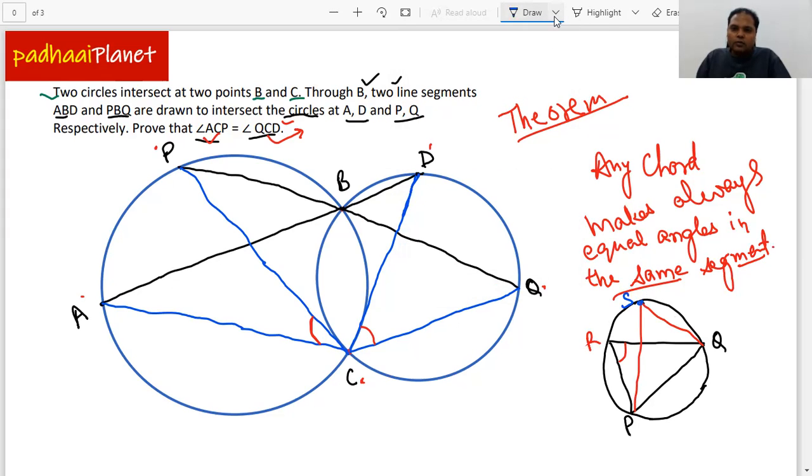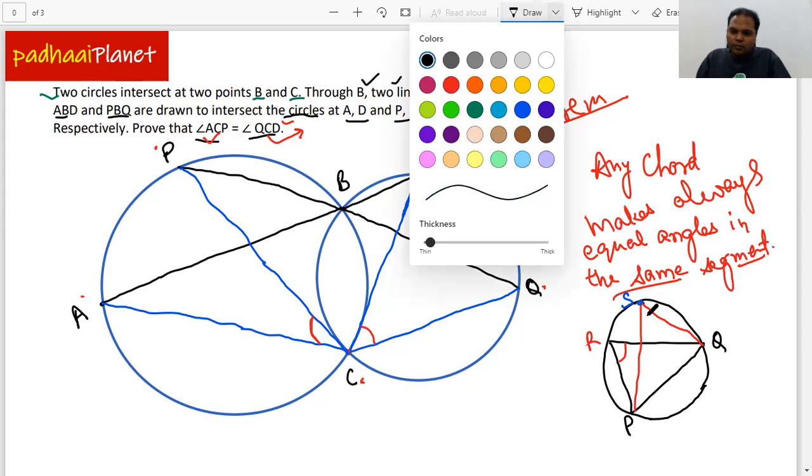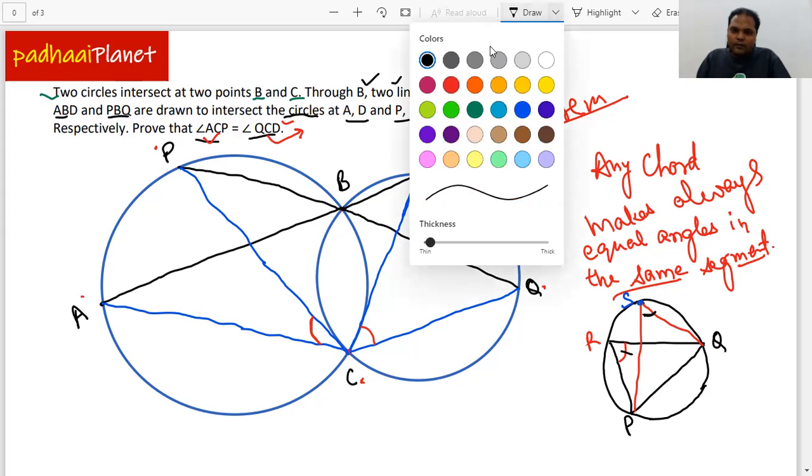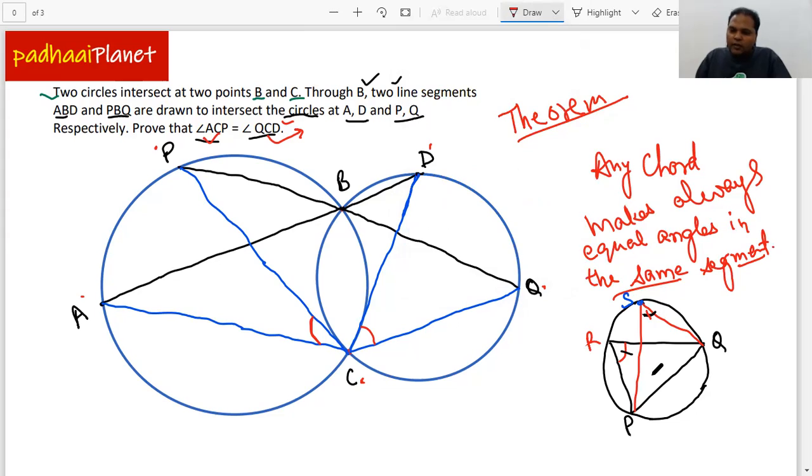So as per the theorem, what we understand is that this angle is equal to this angle. The angle formed by any chord, which is say PQ in this case, is this one angle, this is another angle. There could be a third also, like this. All these three angles will be equal to each other.